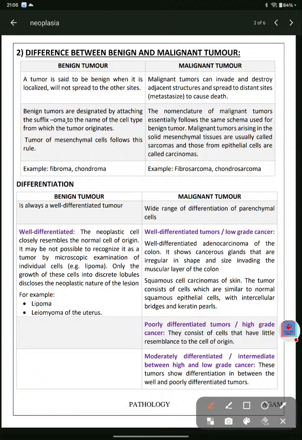It may not be possible to recognize it as a tumor, as in lipoma, but examination of discrete lobules discloses the neoplastic nature of the lesion. Examples: lipoma, leiomyoma of the uterus.